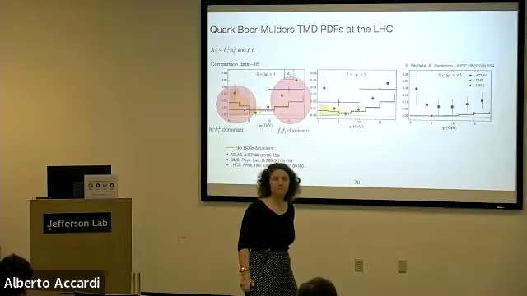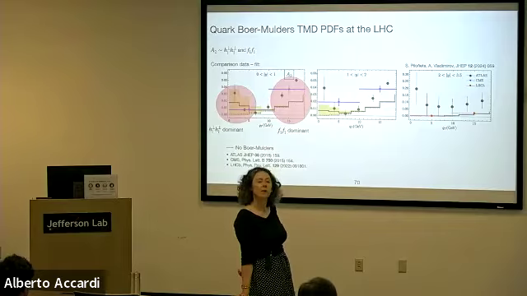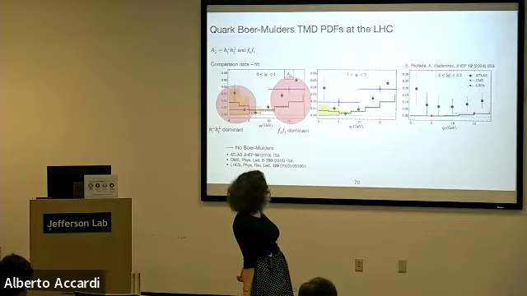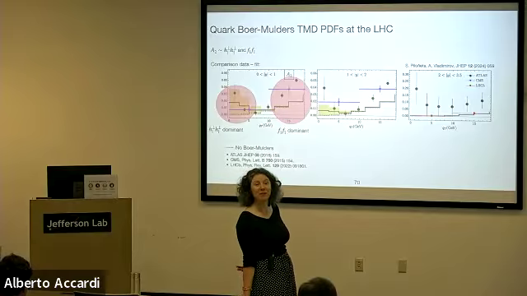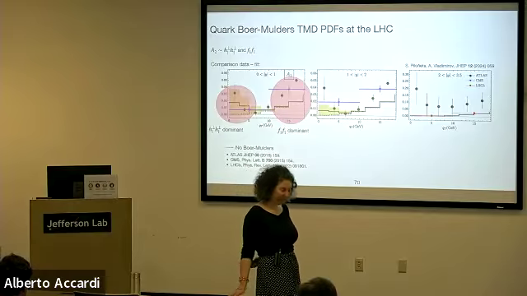They measure something different from CMS. So I was wondering what is happening here for this observable, how they are different. I have no idea. I'm not part of ATLAS, I don't know what is happening.